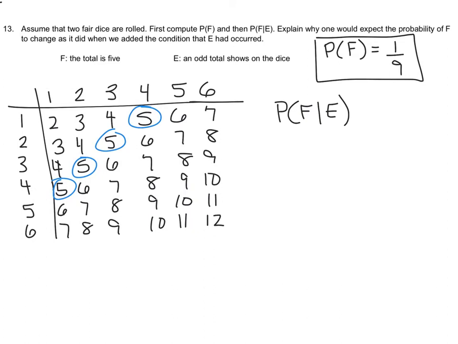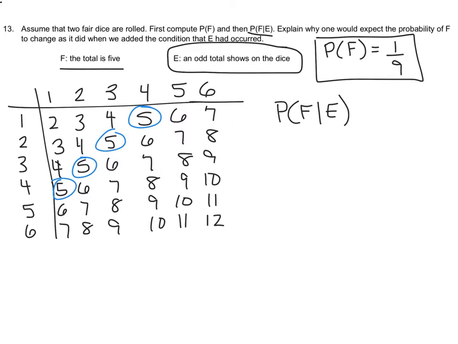Now I want to find the probability of F given E. This is a conditional probability because I want to find the probability that the total is 5 given a condition. In other words, the condition is saying that this event E has already occurred.